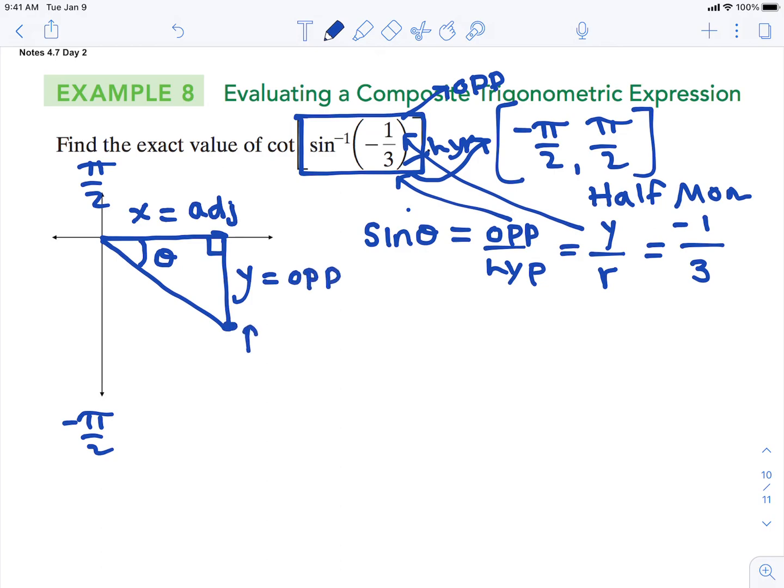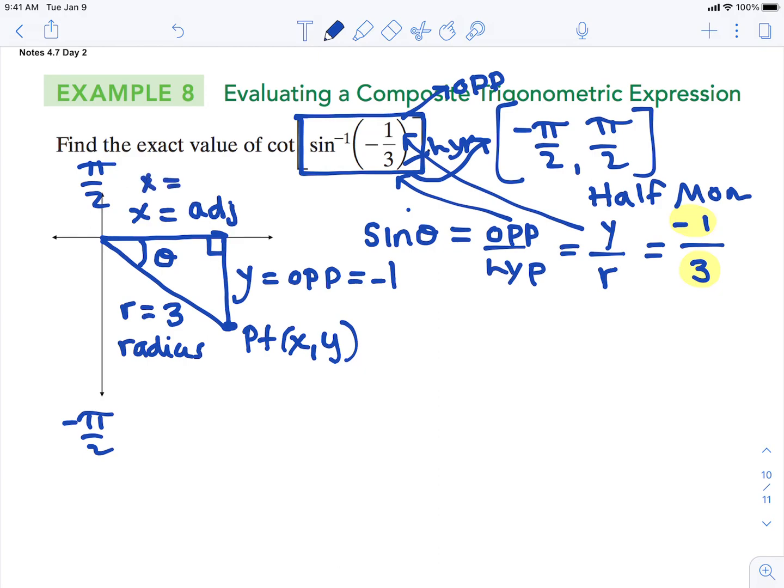Here would be our point, x comma y. That's not on the unit circle. And then our radius out to that point. We're going to go ahead and substitute into our right triangle these two numbers, negative 1 and positive 3. So our side opposite is down 1, and our radius is 3. And we're missing what this x value is.